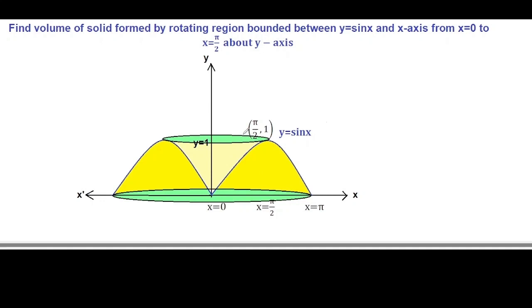Now, according to the cylindrical or shell method, first we need to draw a cylinder whose axis will coincide with the axis of rotation. So let's draw a cylinder whose axis is coinciding with the axis of rotation, that is the y-axis. Let's shade the cylinder also for better understanding.